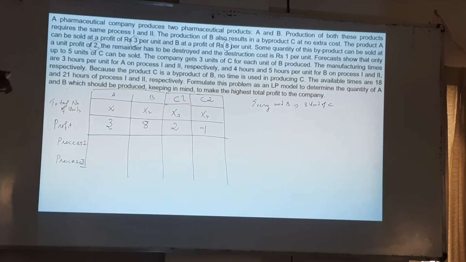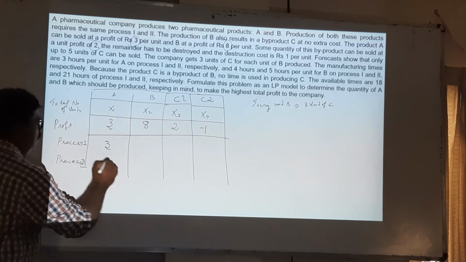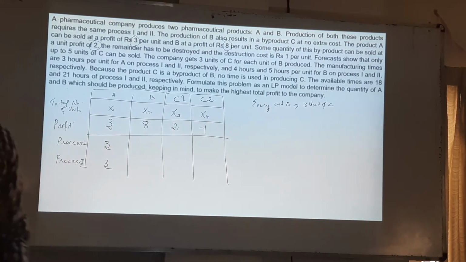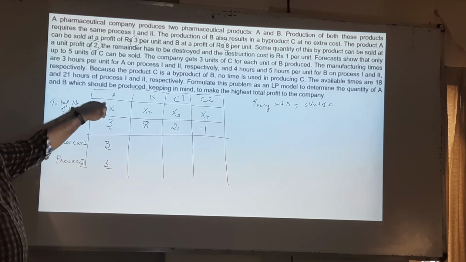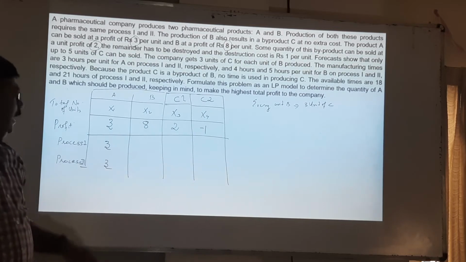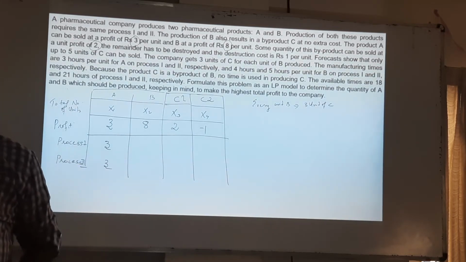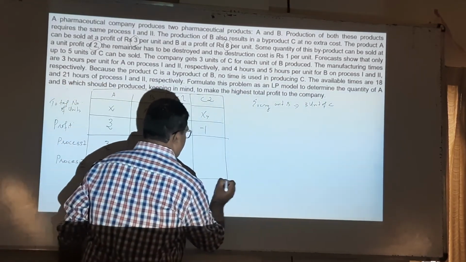The manufacturing time is 3 hours per unit of A on process 1 and process 2. You understood? That means it takes 3 hours to make 1 unit of A, and 3 hours to make 1 unit of A in process 2 also. You understand?